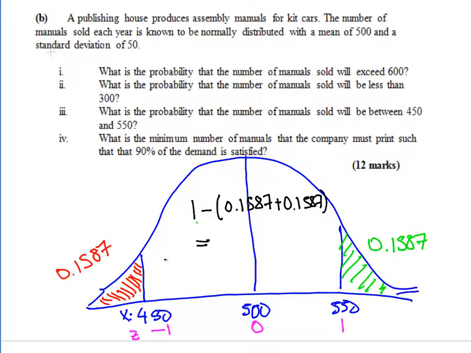So you add these two together and subtract from 1. The answer to that, therefore, is 0.6826. So the answer to the second one, what is the probability that the number of manuals sold will be between 450 and 550, is 0.6826. And that ends this presentation.